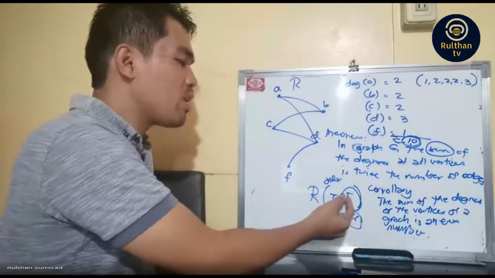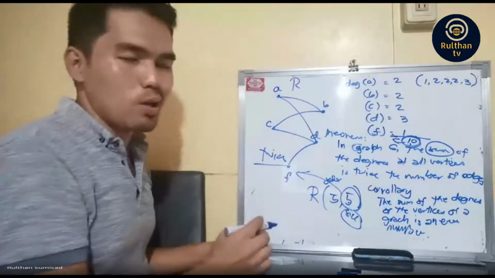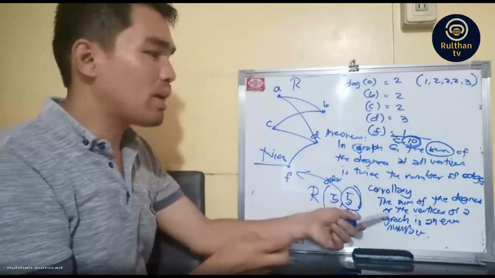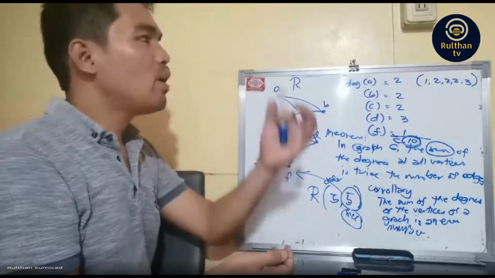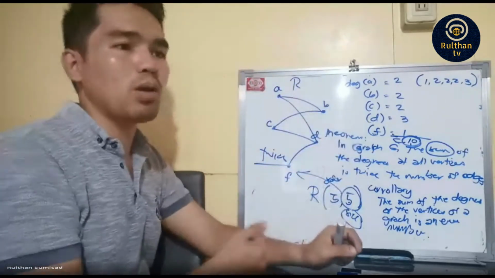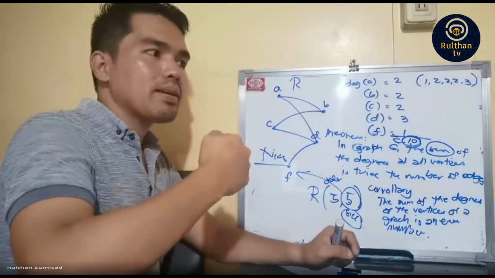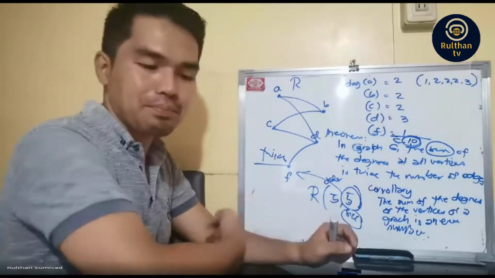Any number that is multiplied by 2 will always be even. That's what the corollary is telling us. So it's guaranteed that the sum of the degrees of the vertices will always be even because it is in fact equivalent to double the size of the graph.